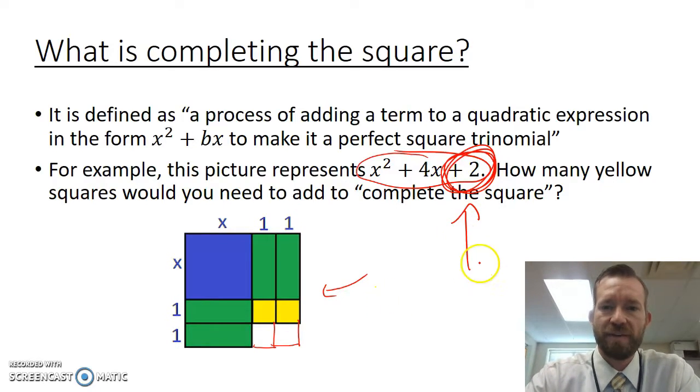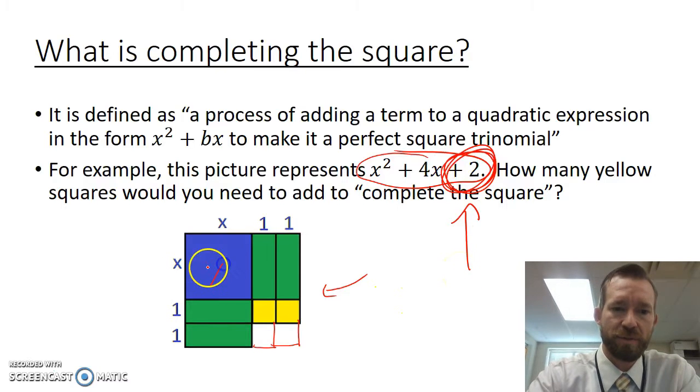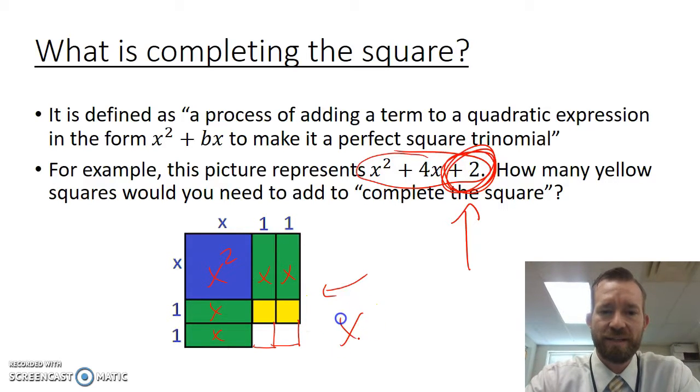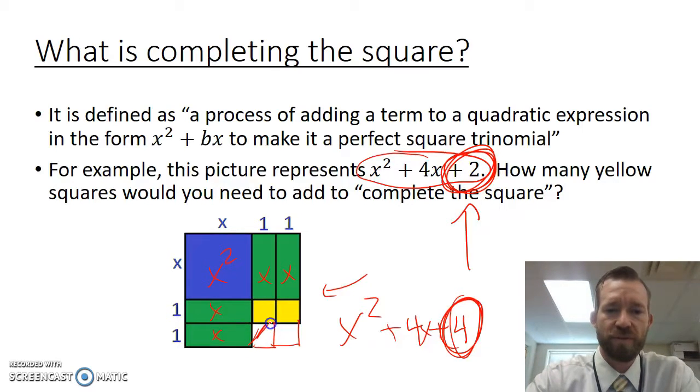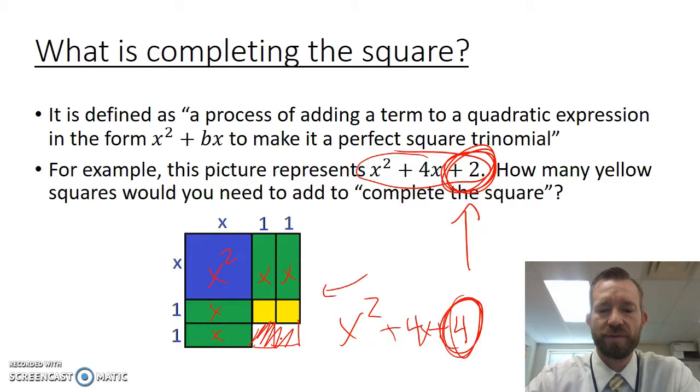So if we added 2 here, this blue is the x squared, and each of these green things has an area of x. What we would really want is plus 4. That term is oftentimes the one we'll change to make a perfect completed square. If those are filled in, this figure would be a perfect square.